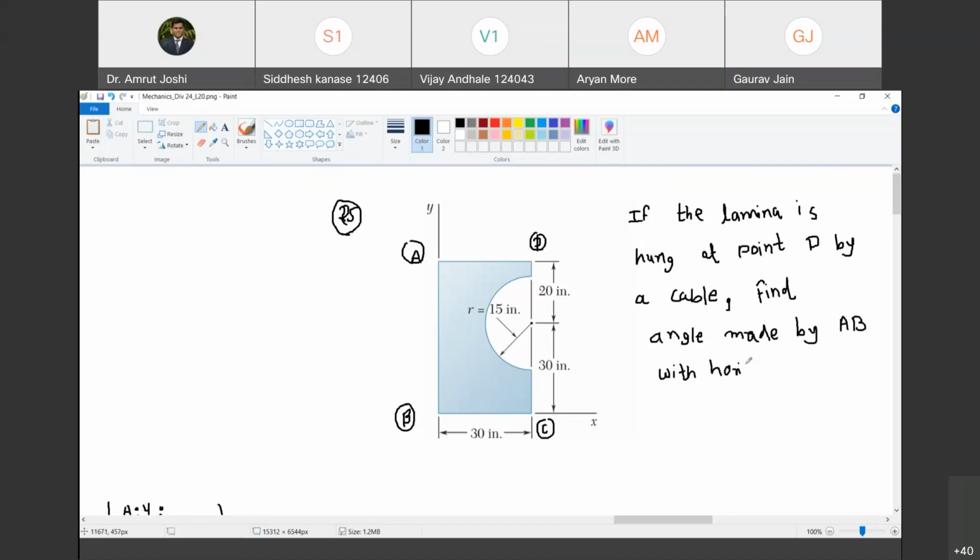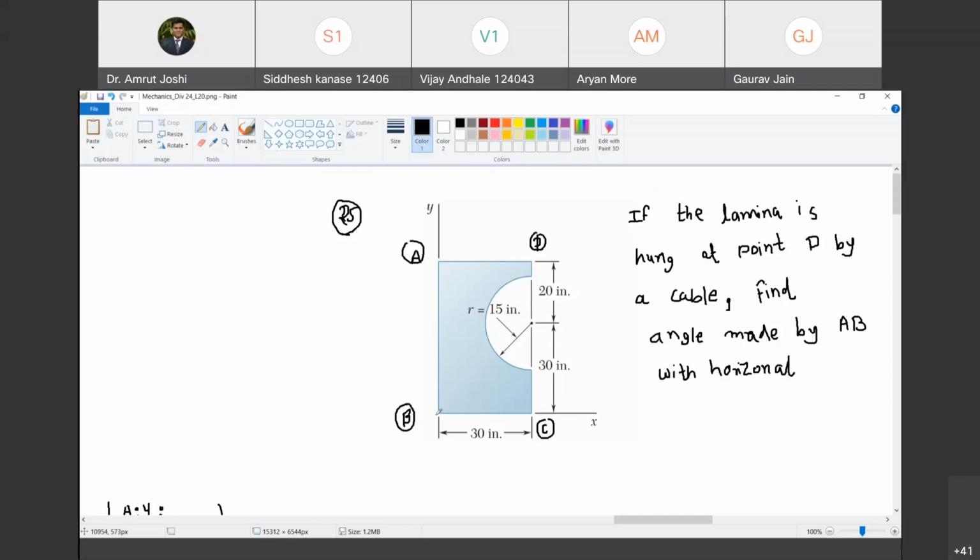Are you with me? Yes, sir. So this is not there in the problem statement given in the book, but I am adding it. So the first thing here, we will locate its centroid. You will not understand how this is connected with the centroid, but let us do it first. Then we will come to this question. Are you with me? Yes, sir.